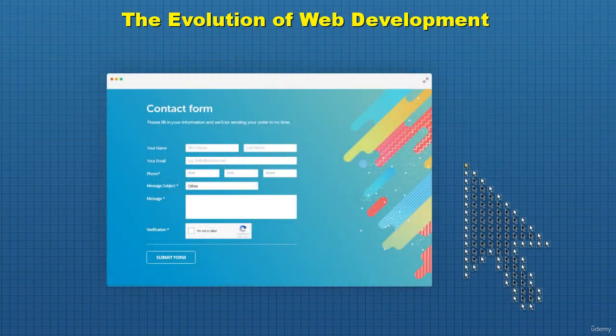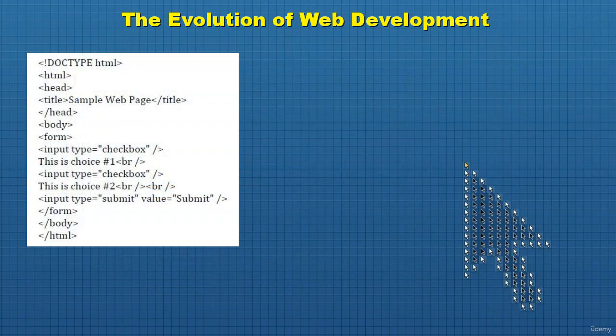Next up, HTML forms. HTML 2 introduced the first seed of web programming with a technology called HTML forms. HTML forms expanded HTML so that it would include not only formatting tags, but tags for graphical widgets or controls. These controls included things like drop-down lists, text boxes, and buttons.